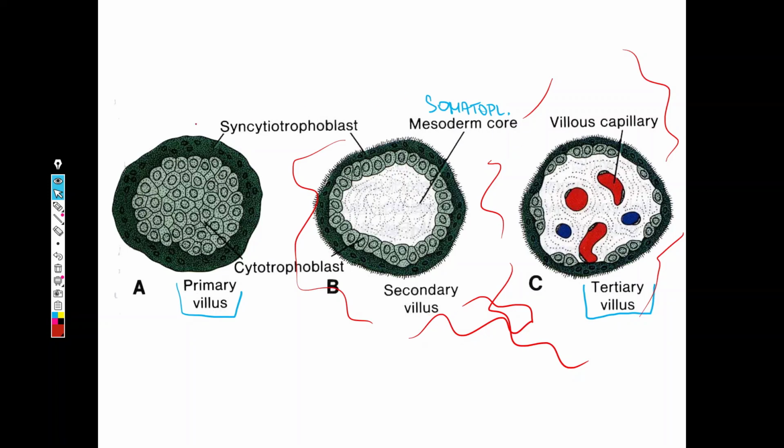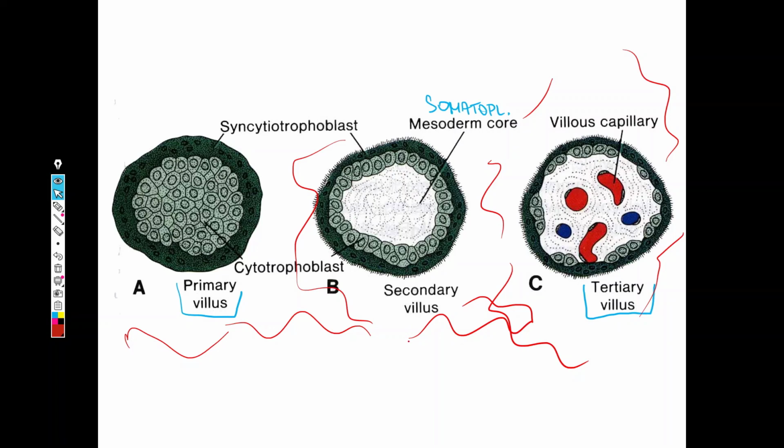This maternal blood is in the lacunae, yeah? And these lacunae will fuse and create a whole space that is called intervillous space. Intervillous because it's between the villi, so it's very meaningful.